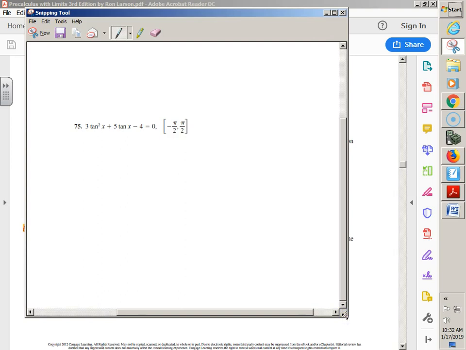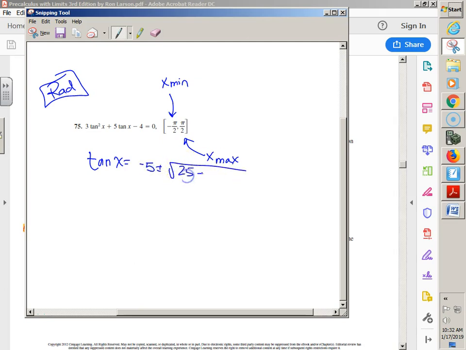So we're going to end up with tangent. P.S. If you guys noticed, there's an x min that's different and an x max that's different. Joe, you're good. The graphing window, right? X min, X max. Cool. You're in radian mode, right? Cool. When I plug in, I get negative b plus or minus square root b squared minus 4ac. Oops, nope.